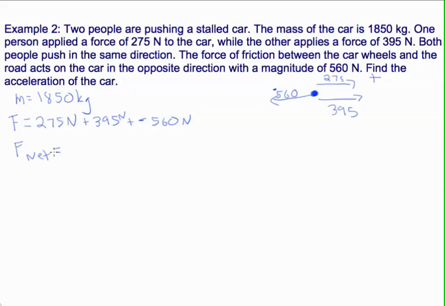So now we can solve for our acceleration. Doing F equals m times a, and if we're going to solve for acceleration, we're going to divide both sides by mass.